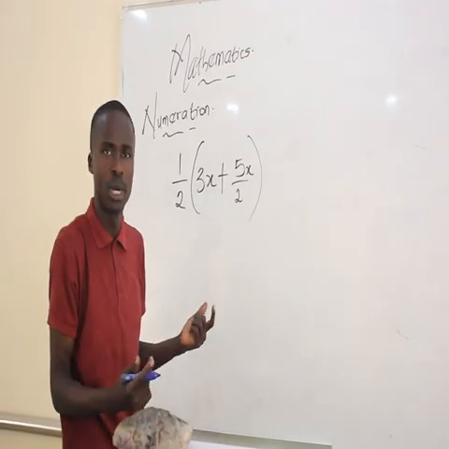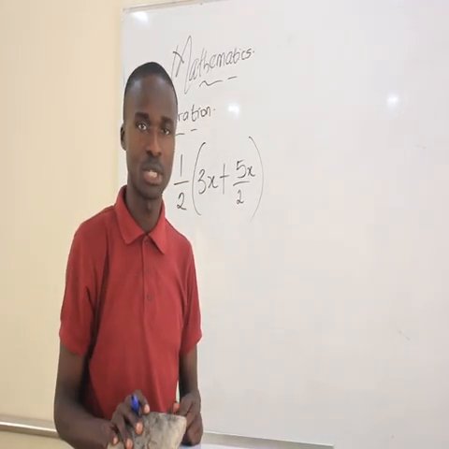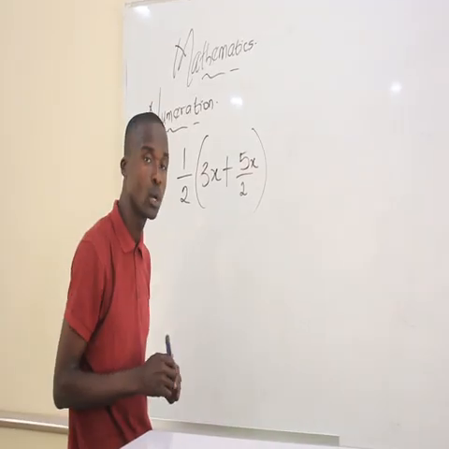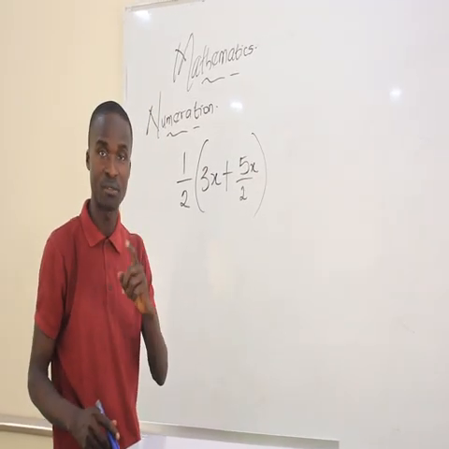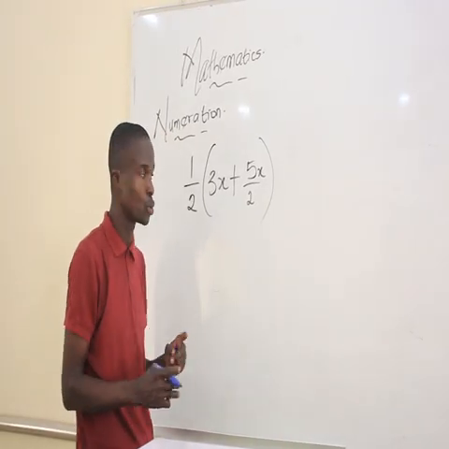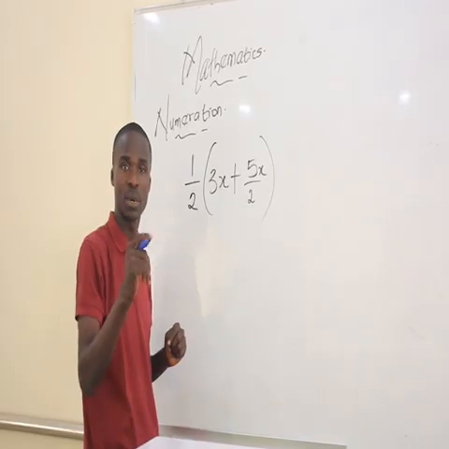How will you respond to this expression? It is a very simple expression, but if you don't know how to respond to it, it can be very challenging. So take it step by step.